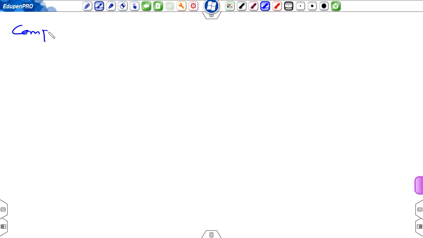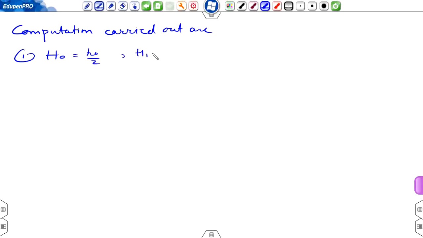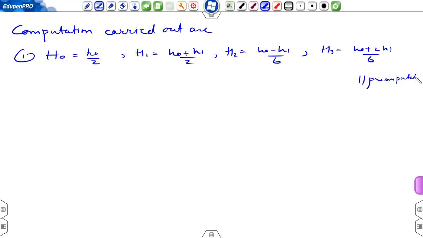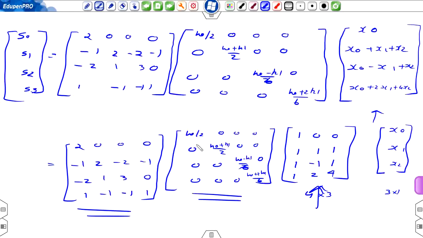So the computations carried out are, first, I can write capital H0 is equal to small h0 by 2, capital H1 is equal to h0 plus h1 by 2, capital H2 is equal to h0 minus h1 by 6, and capital H3 is equal to h0 plus 2h1 by 6. So these are pre-computed.